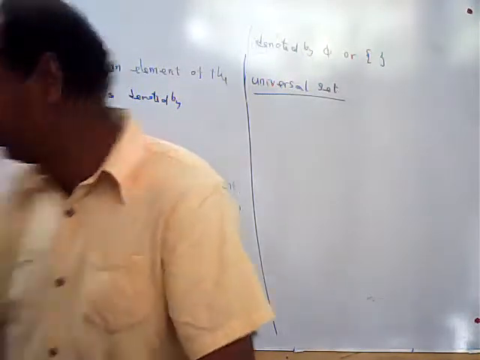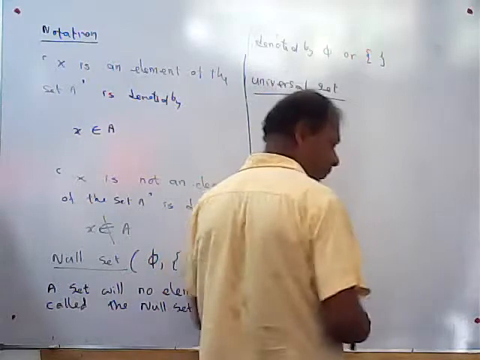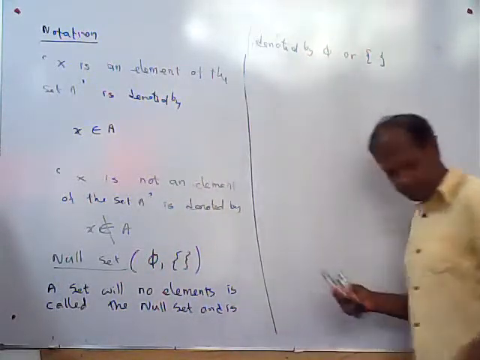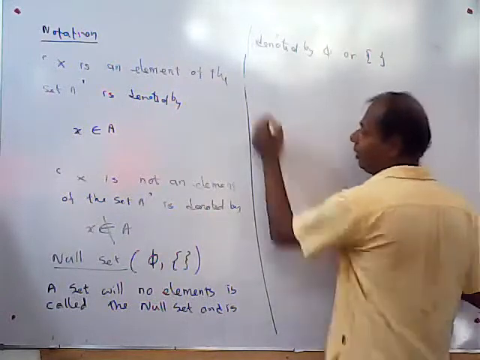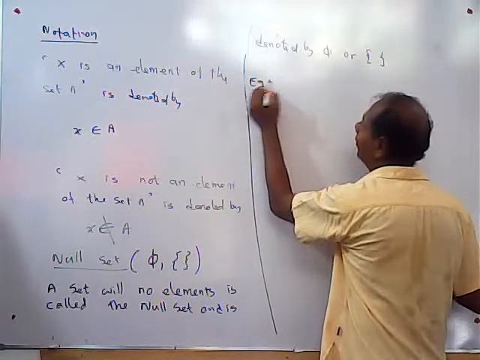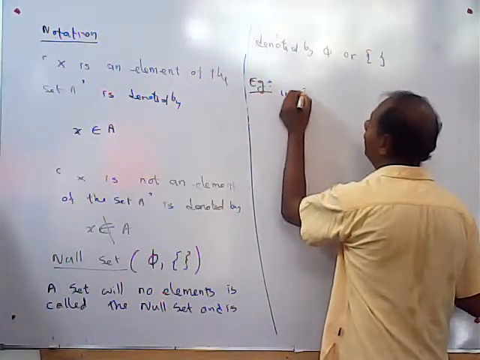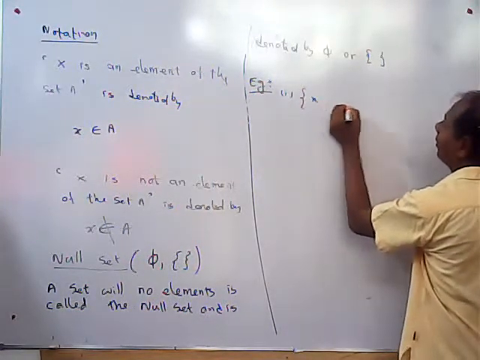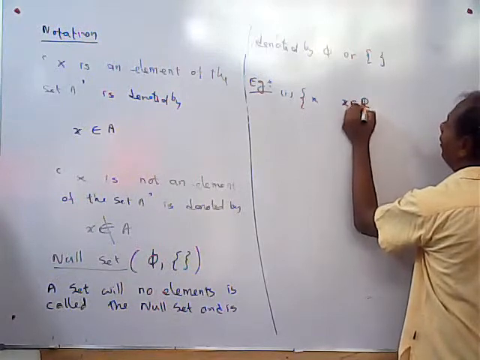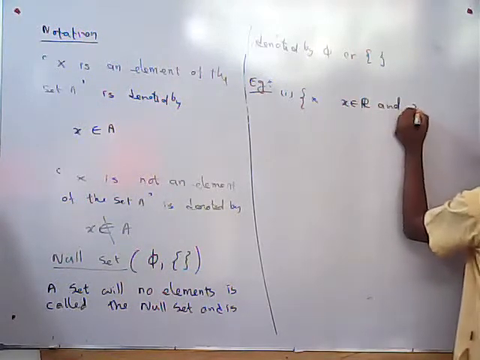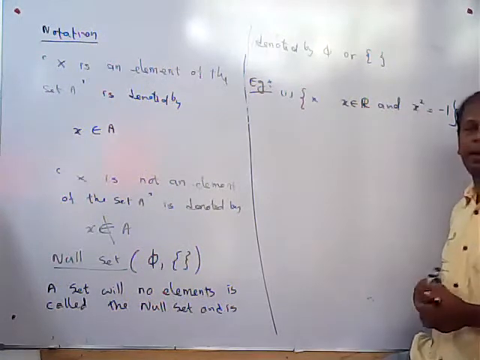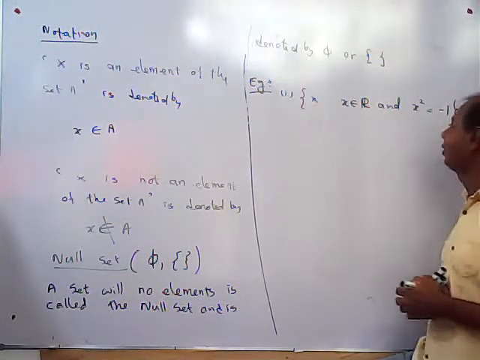You want examples for null sets? Okay, I'll give examples. If I write number 1, the set of x such that x is an element of R and x squared is equal to -1.